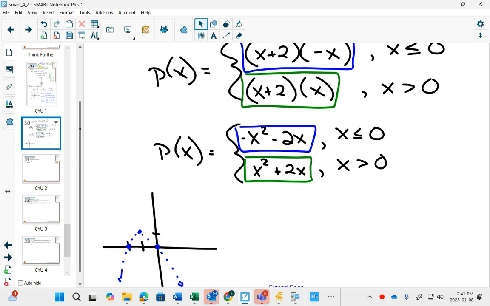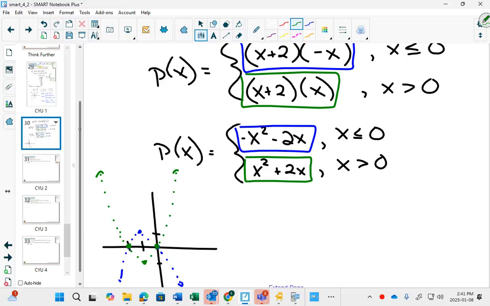Next, my green graph. Similarly, it's factored, so I know that these are my x-intercepts. It has a positive a value, so my parabola is going up, so I would know its vertex is there. And that is my green graph. Now, P of x is a combination of those two graphs, the two pieces put together.